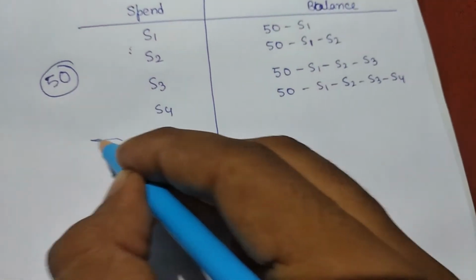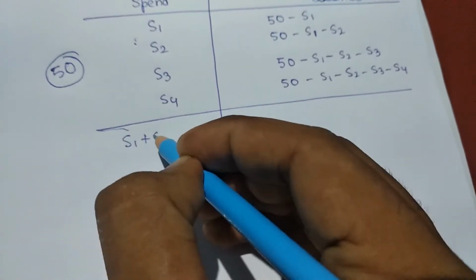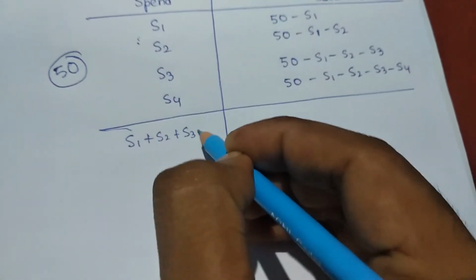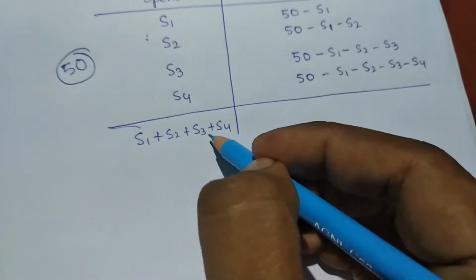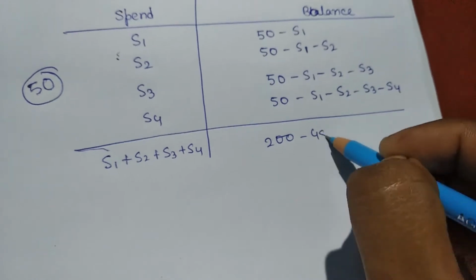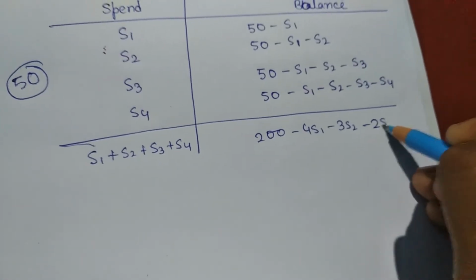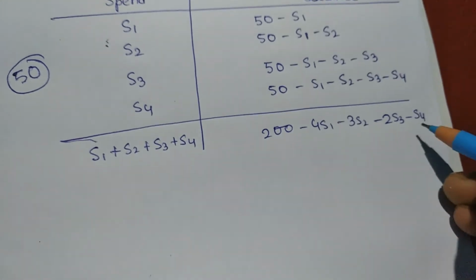So therefore just sum this: S1 plus S2 plus S3 plus S4. This is the sum of the spends, and the balance sum is 200 minus 4 S1 minus 3 S2 minus 2 S3 minus S4.